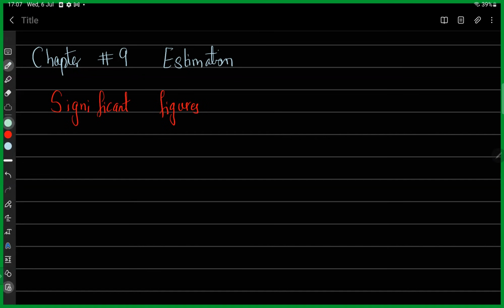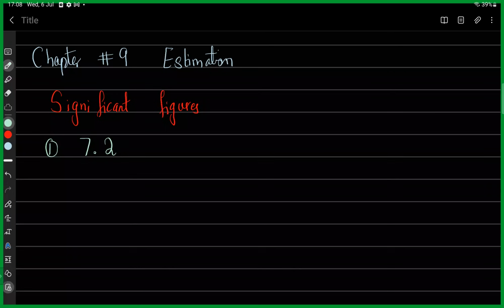Let's talk about example number 1. It has 7.2. Now 7.2 is the number and we need to discuss the number of significant figures over here. Okay, so it's easy. The number of significant figures is basically the number of non-zero digits in a number, but it depends.